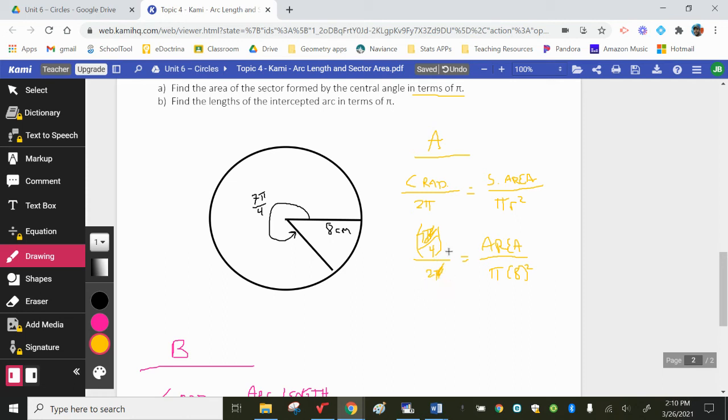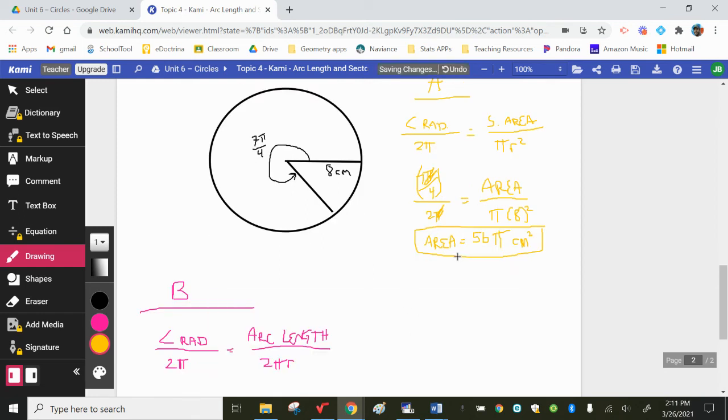So you have 7/4 being divided by 2, and then the area is being divided by 64 pi. When we cross multiply and then divide by 2 to get the area, we'll end up with this. The area is 56 pi centimeters squared. So when it says in terms of pi, that means that pi should be present in your answer.